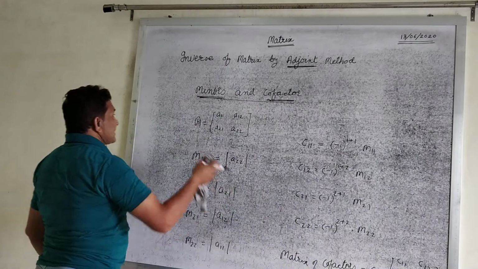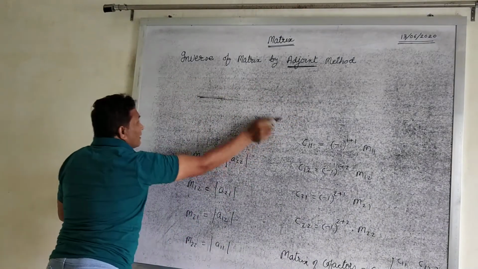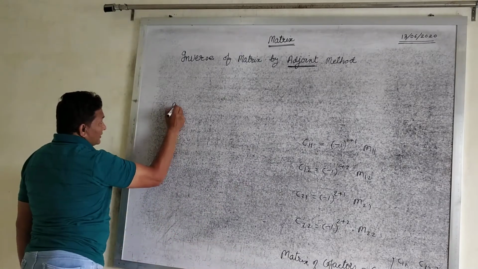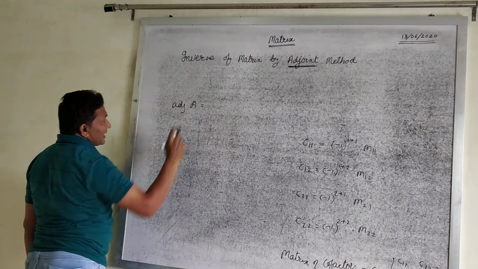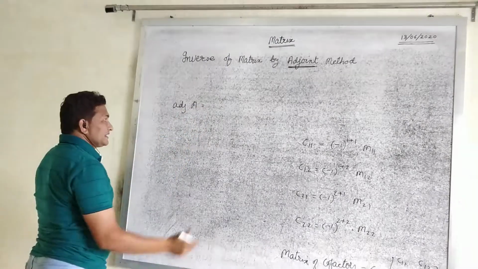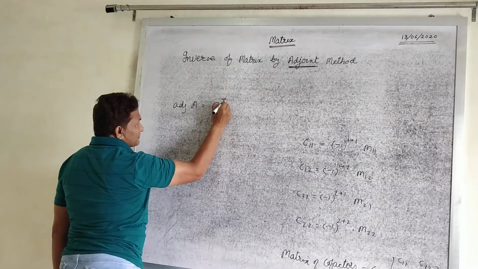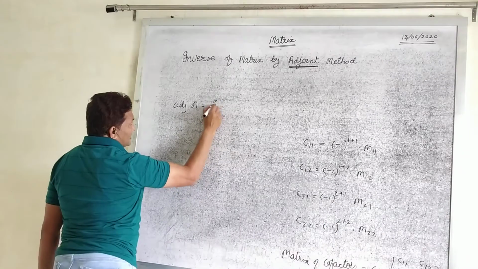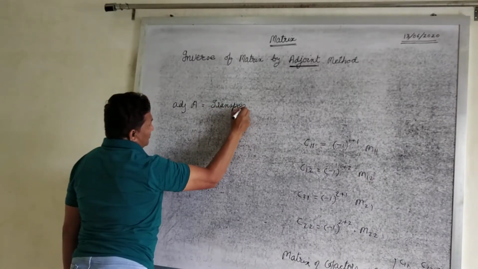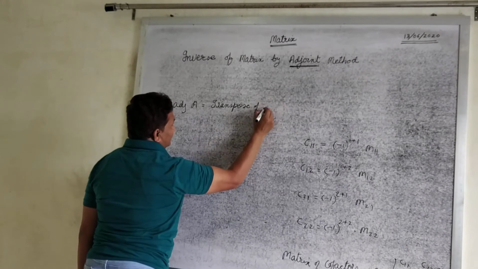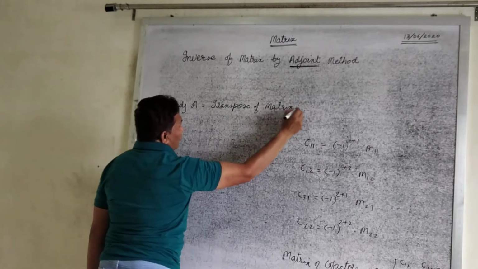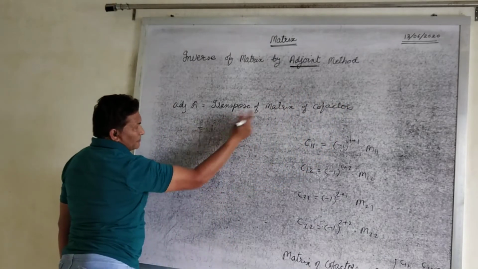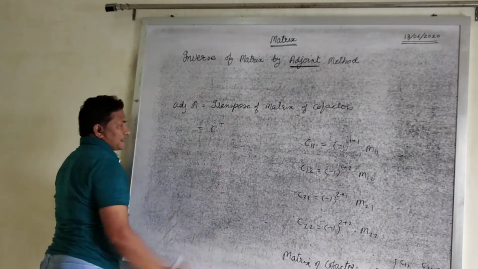Now after getting the matrix of cofactors, we go towards the adjoint. The adjoint of the given matrix A is nothing but the transpose of the matrix of cofactors. You can also write here in words, transpose of matrix of cofactors. Now the transpose of the matrix of cofactors is C transpose.